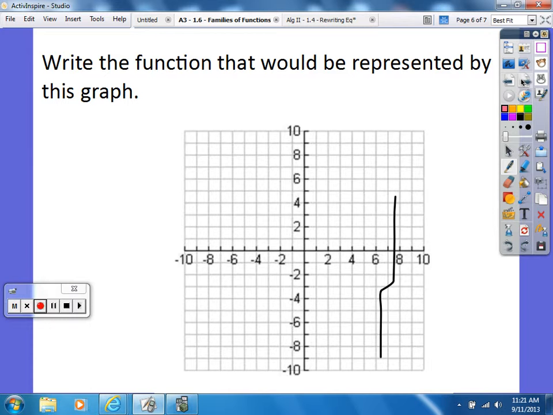Last thing we're doing. We're going to write the function that represents the graph. So draw yourself a graph. And there's a point right here. What point did I just make? 7, -3.